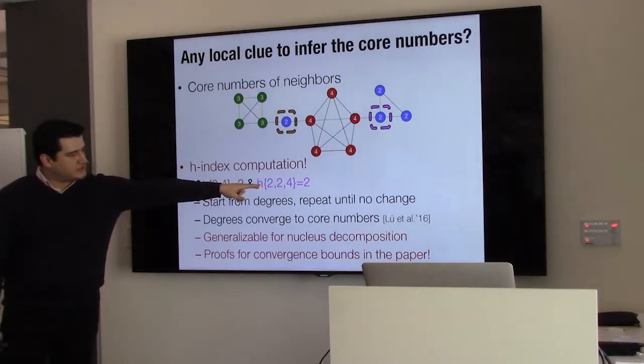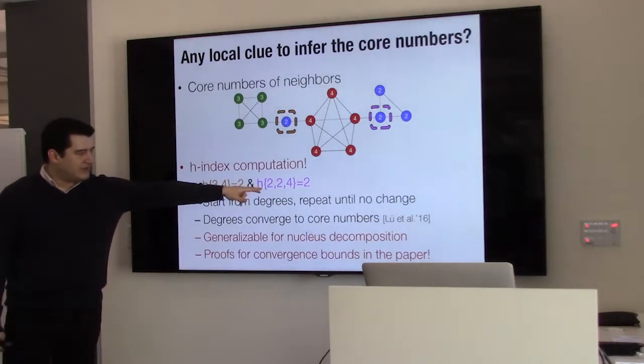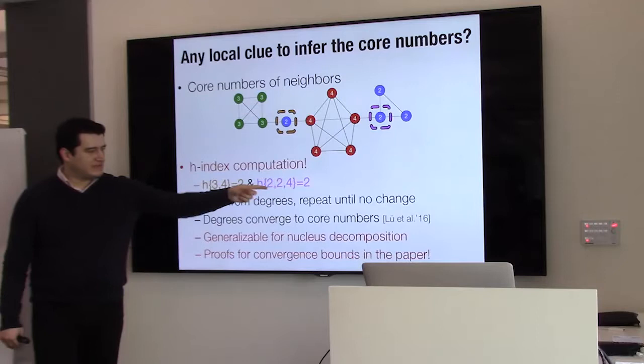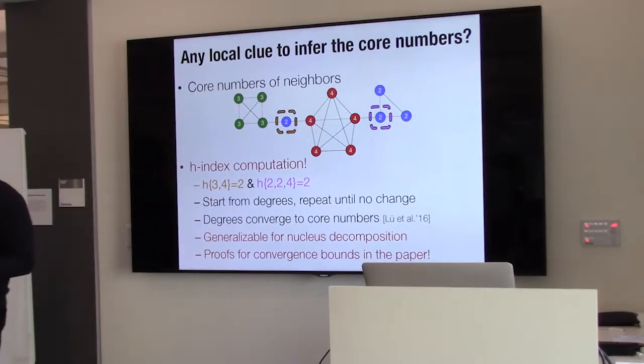In this case, it is 2 because I have 2, 2, and I can't go to 3 because those are less than 3. So it is basically a linear time computation for a given set of numbers.